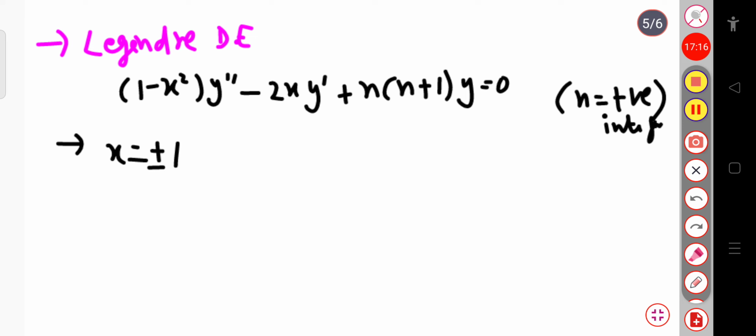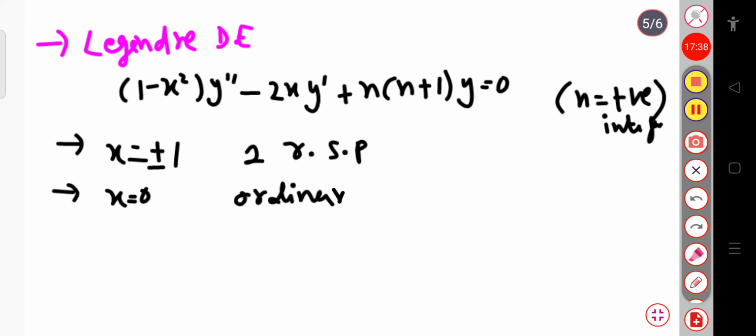Simply just remember, for x equal to plus or minus 1, these are the two singular points, and these are the two regular singular points. And x equal to 0 is the ordinary point. So let me show you one more thing.